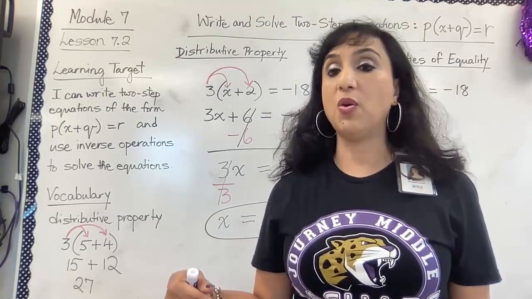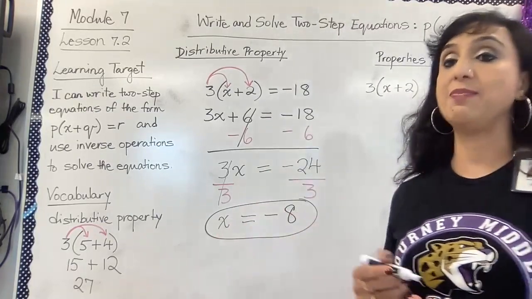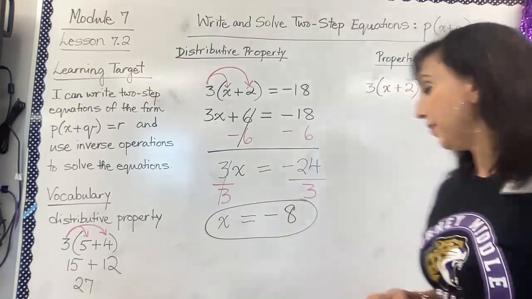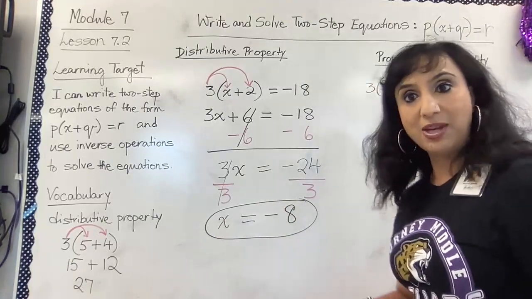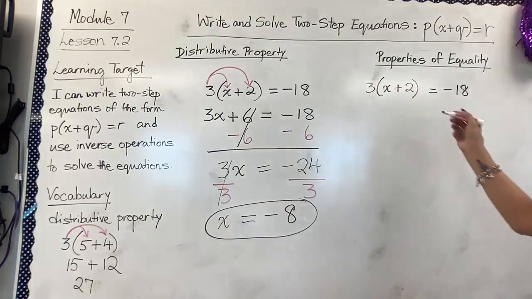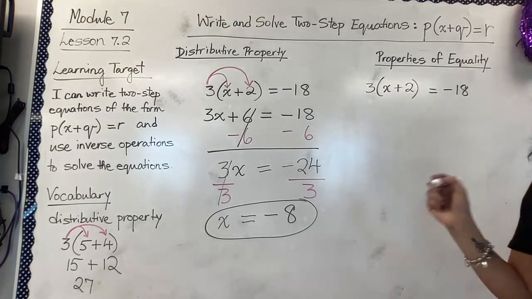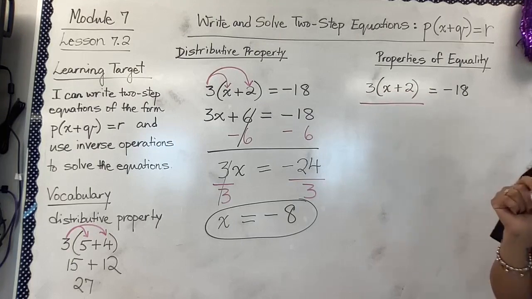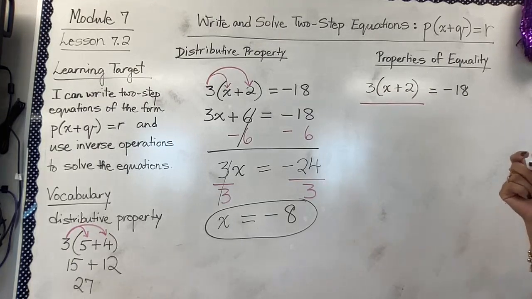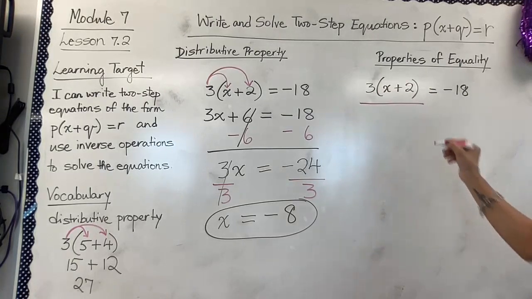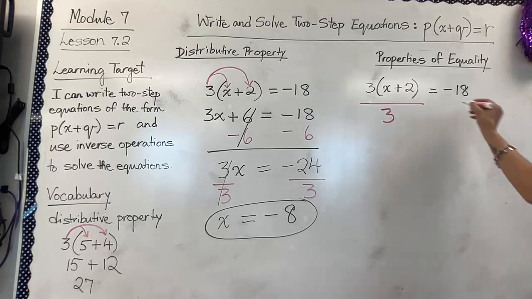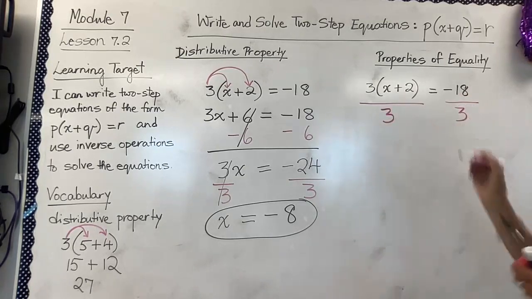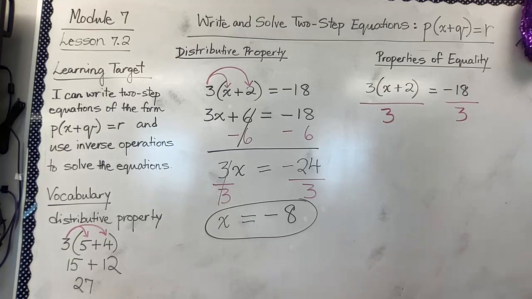So I am going to divide both sides by the same number to keep it a balanced equation. I'm going to use the division property of equality because this is multiplication, and the opposite of that is division. So I'm going to divide both sides by 3, because whatever I do on one side of the equation, I've got to do exactly the same thing on the other side.